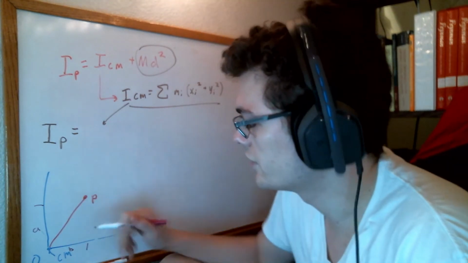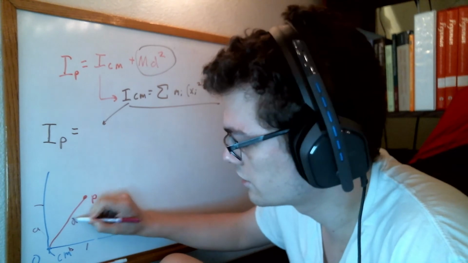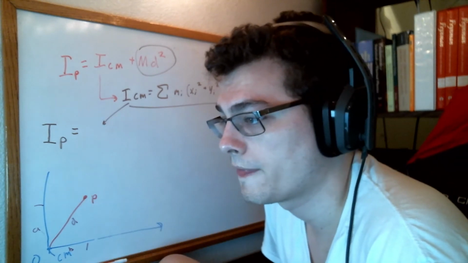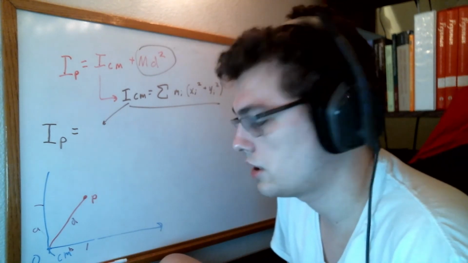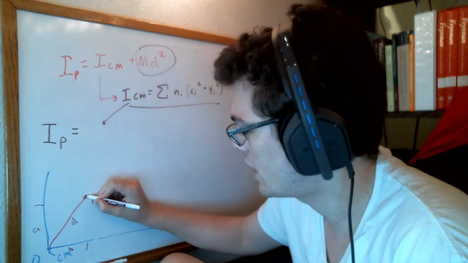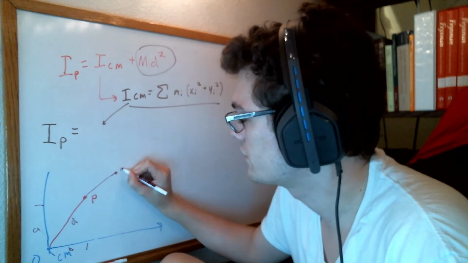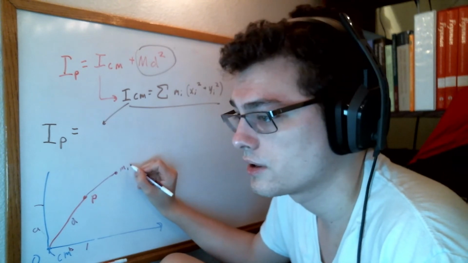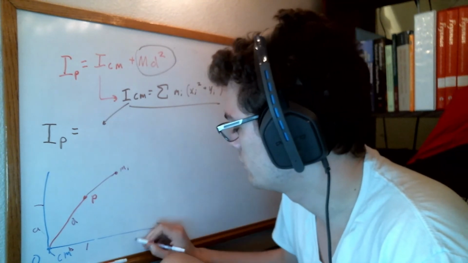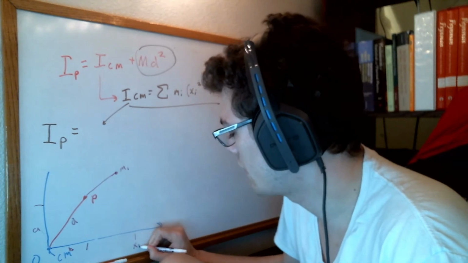And so this distance here is going to be our D. And then further out, this here is going to be MI, and we'll denote this distance here XI.